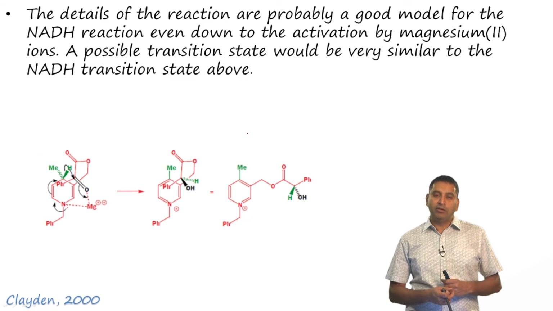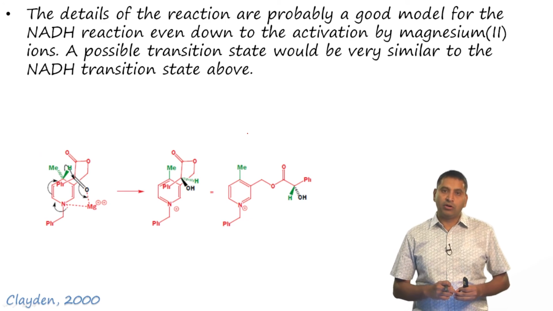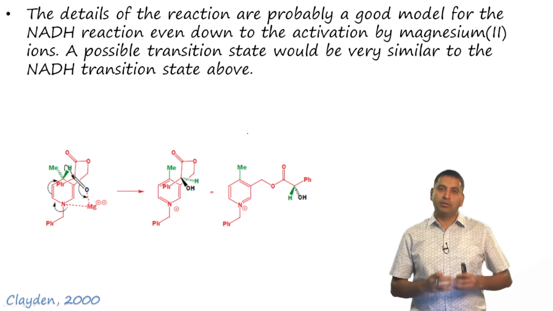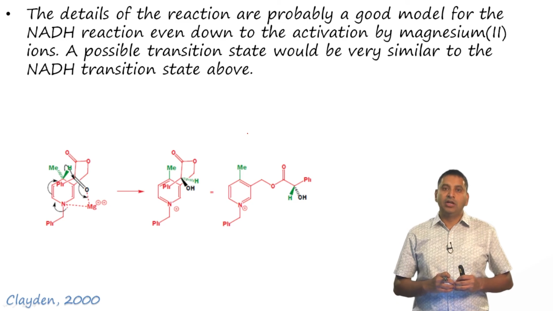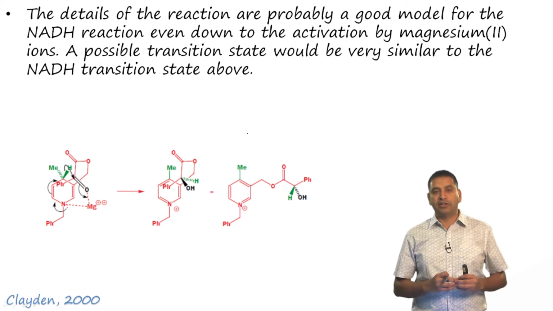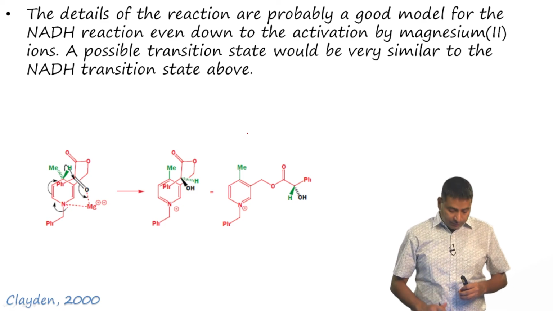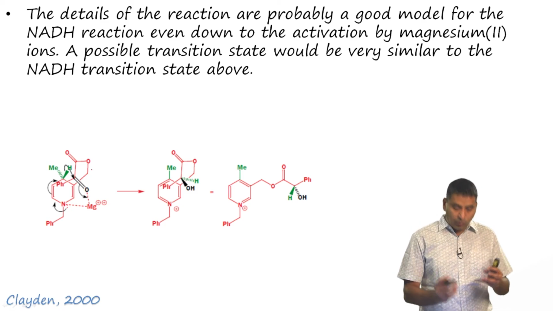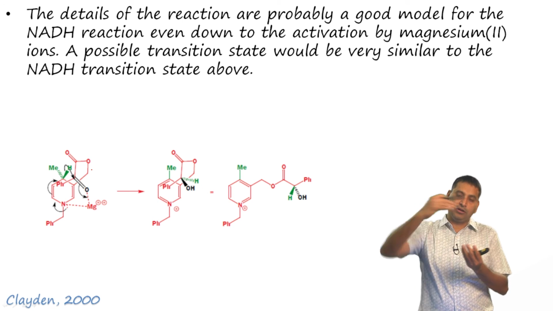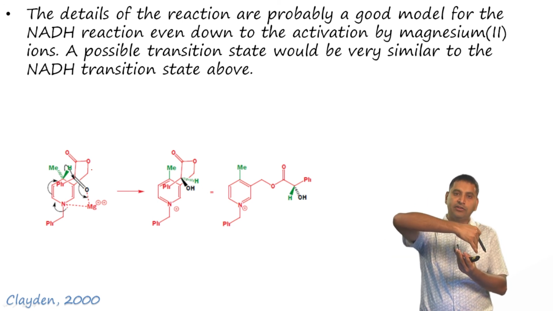So, we can use this model system to propose a reaction mechanism, right. What possibly happens is that you may have a transition state very similar to the NADH transition state described previously, and this molecule comes in, turns around and accesses the hydride.